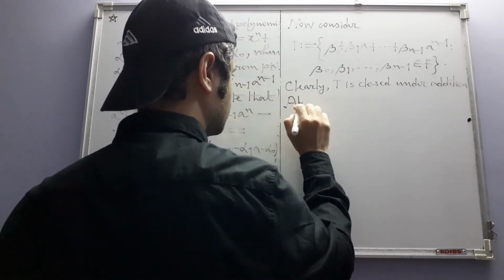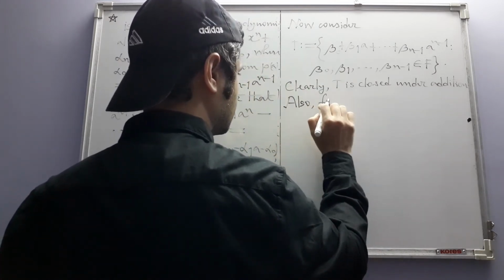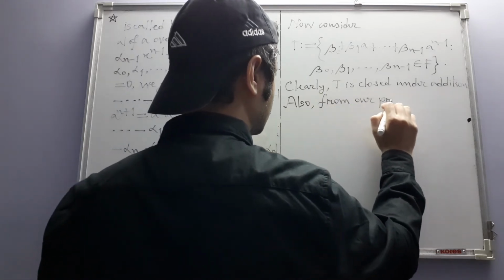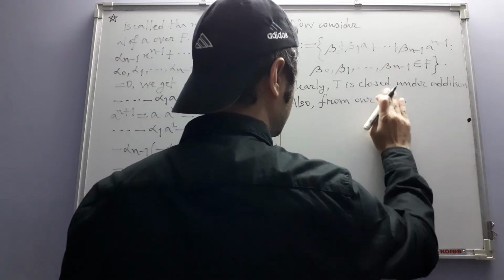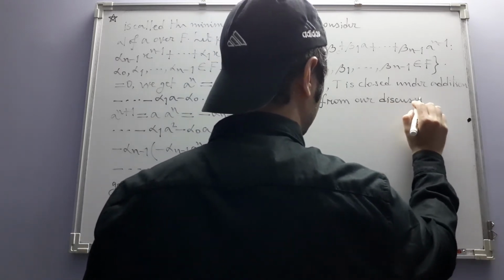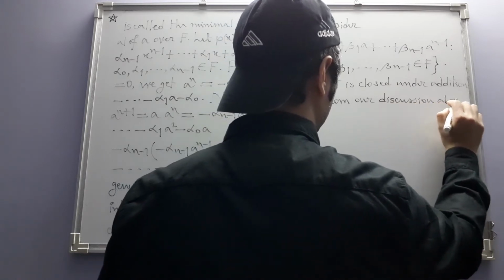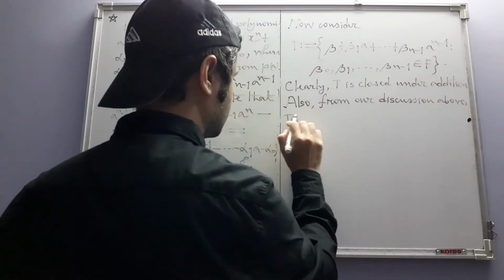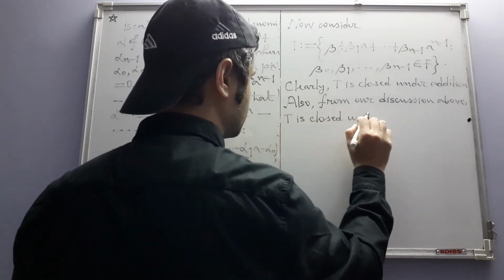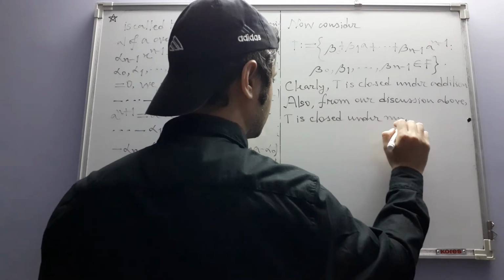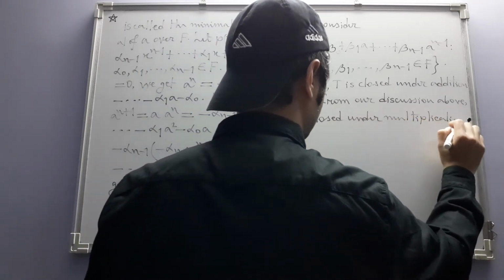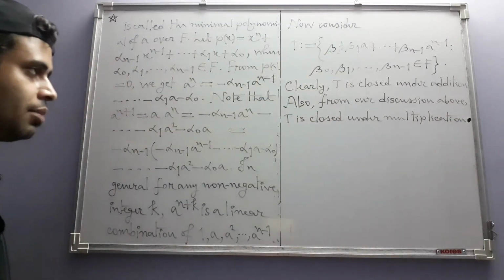Also, from our discussion above, T is closed under multiplication.